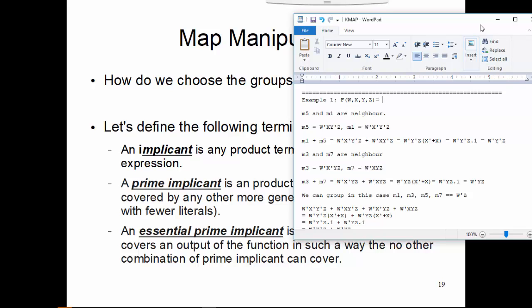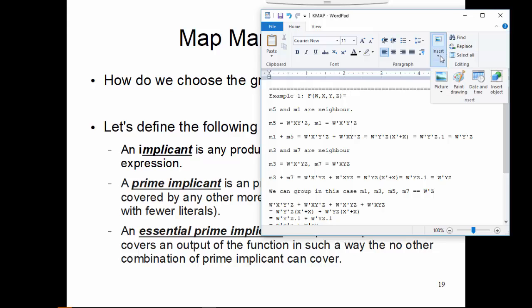as sigma, M 1 3 5 7. That's the function definition: sigma of 1 3 5 7.